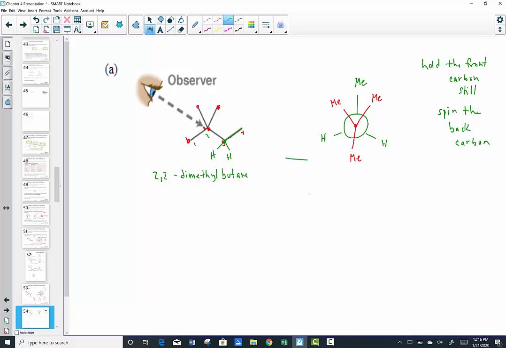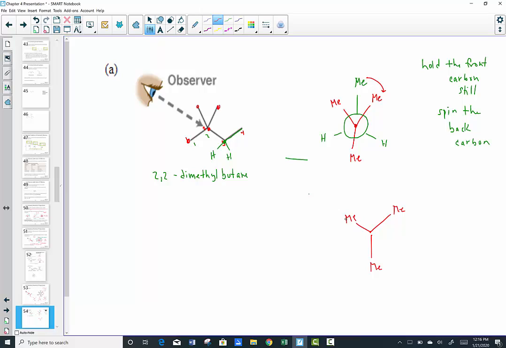For example, when I spin the back carbon 60 degrees, draw the resulting conformation. Notice the red was in a fixed position, so I'm just going to redraw the front carbon. I did not move it, I held it still.